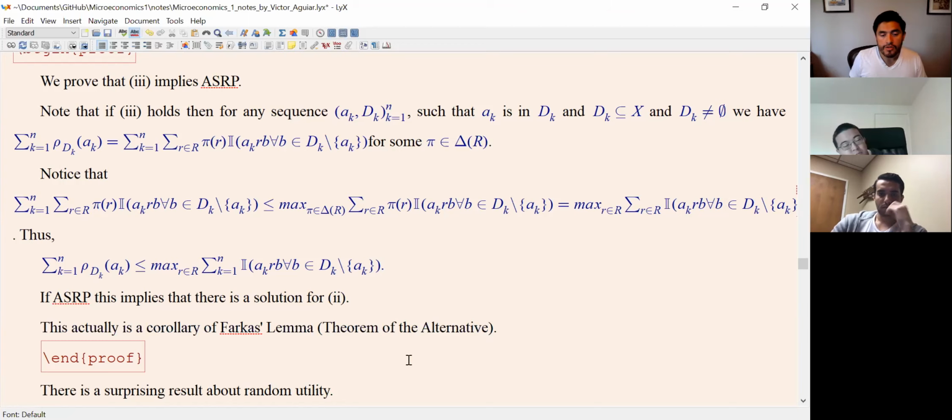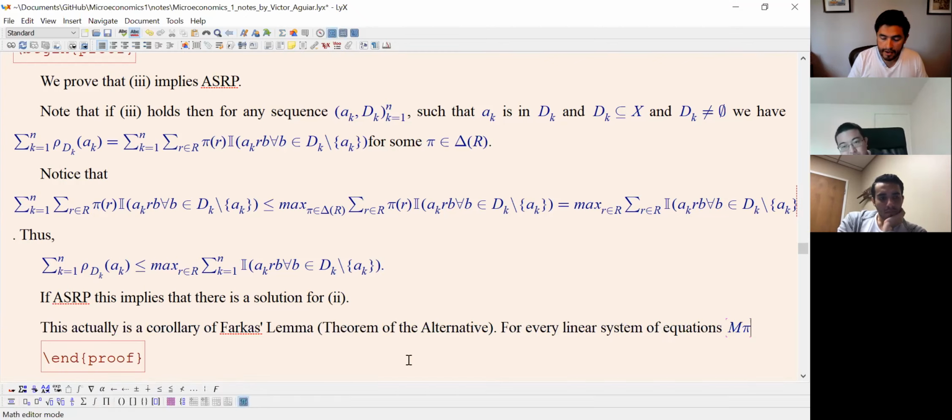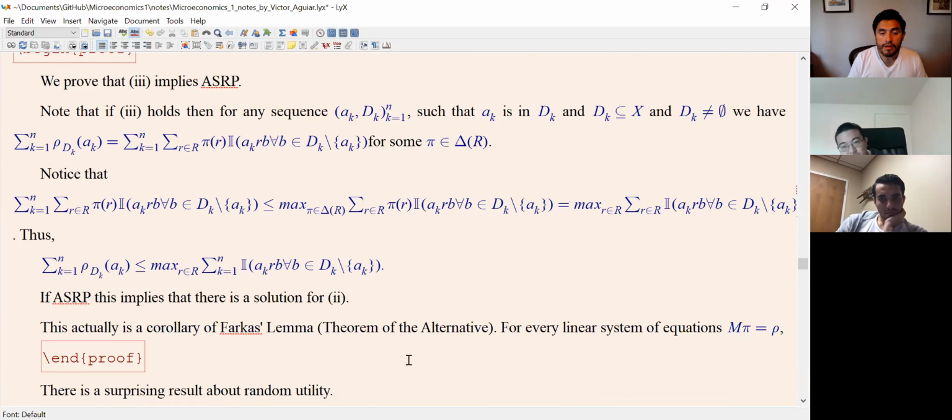Okay, so the theorem of the alternative tells you that for every linear system of equations, in this case, M pi equal to rho, right?